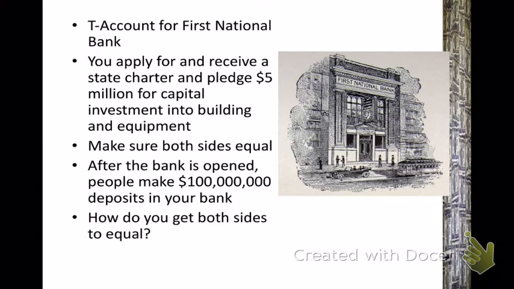The reason why I start with that is because on most T accounts that you see through College Board and the FRQs, they have something like that. Don't ever mess with these numbers. I haven't seen you want to talk about another mean thing that they could do in an FRQ. Say, all right, the bank pays back part of its loan, part of its initial capital investment. Say they paid $2 million back.